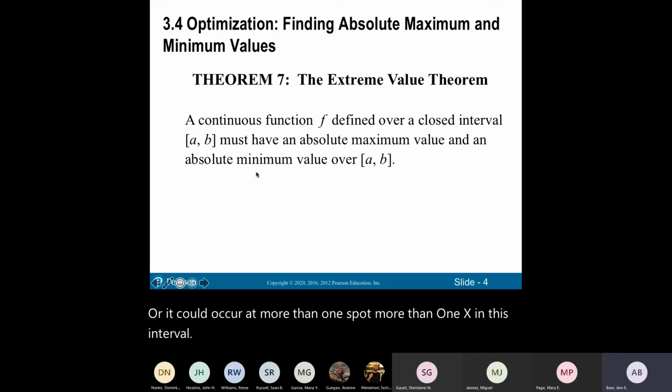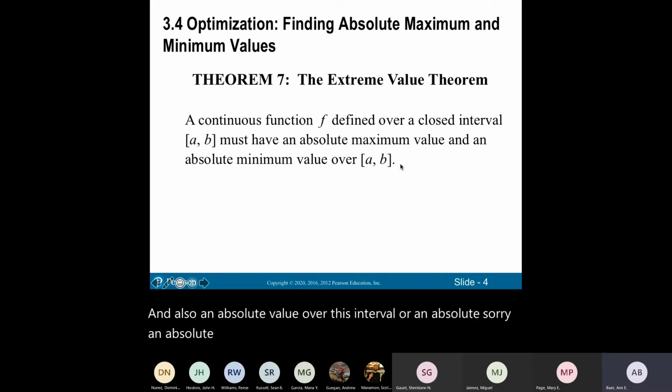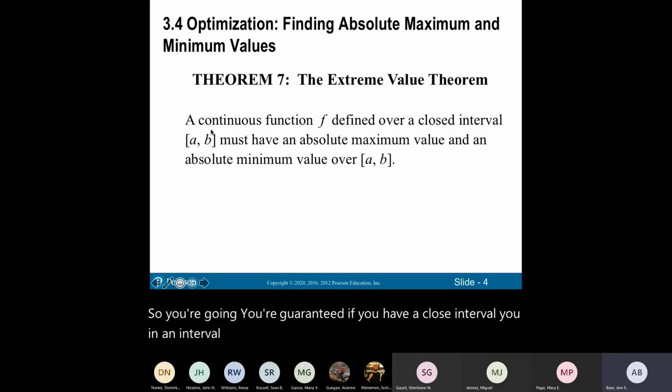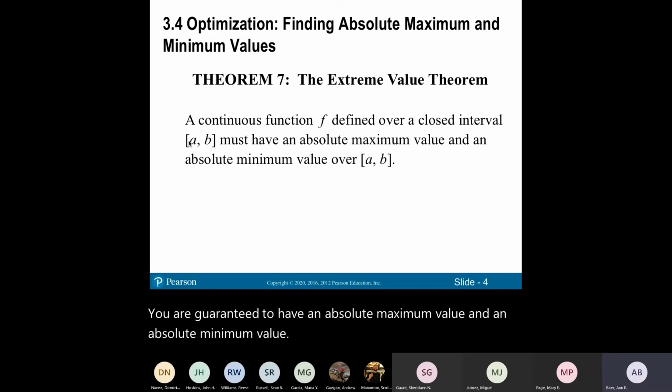And also an absolute minimum value over this interval. So if you have a closed interval in this form, you're guaranteed to have an absolute maximum value and an absolute minimum value. You're guaranteed to have both of them.